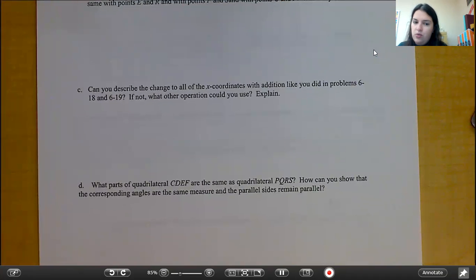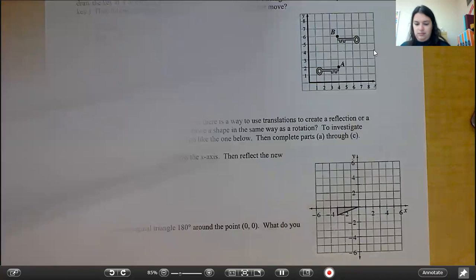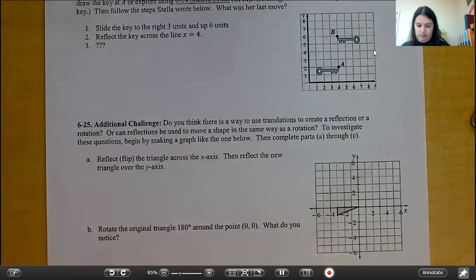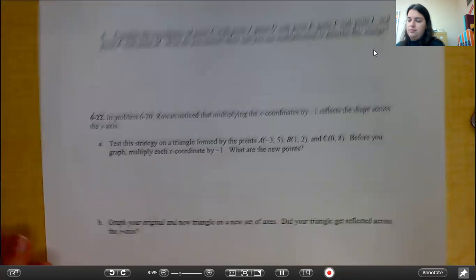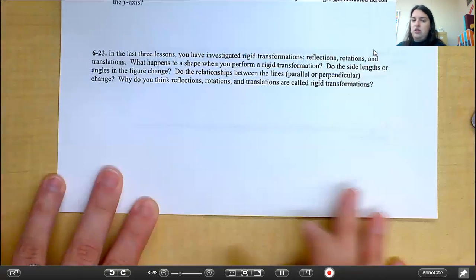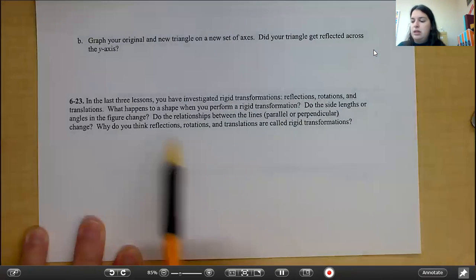D, what parts of quadrilateral CDEF are the same as the quadrilateral PQRS? How can you show the corresponding angles are the same measure and the parallel sides remain parallel? So I would like you to pause the video and answer parts B, C, and D here. If you're back with me, you have answered the rest of problem 6.20. We're going to save it to talk about this in class.